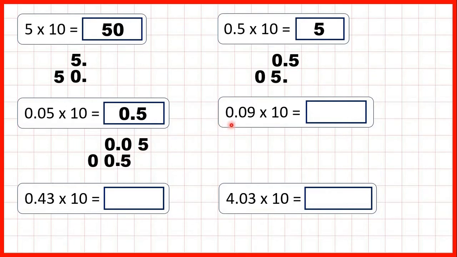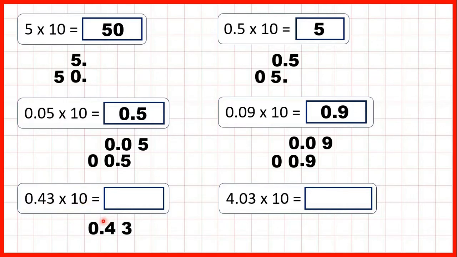So what is 0.09 times 10? Well, we write the number out, copy down the decimal point, and move the digits across one square to the left. So our answer is 0.9, because this 0 in our tens we can ignore. Now we have 0.43 times 10, so we write out the decimal, copy down the decimal point, and move the digits across.